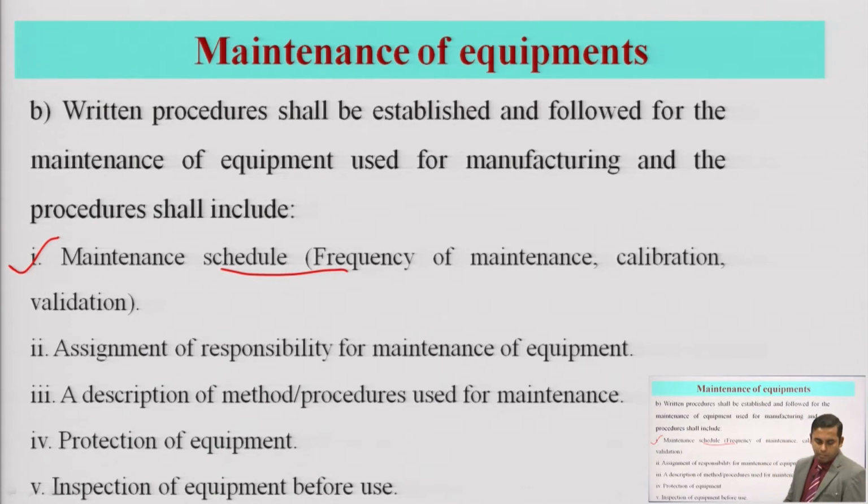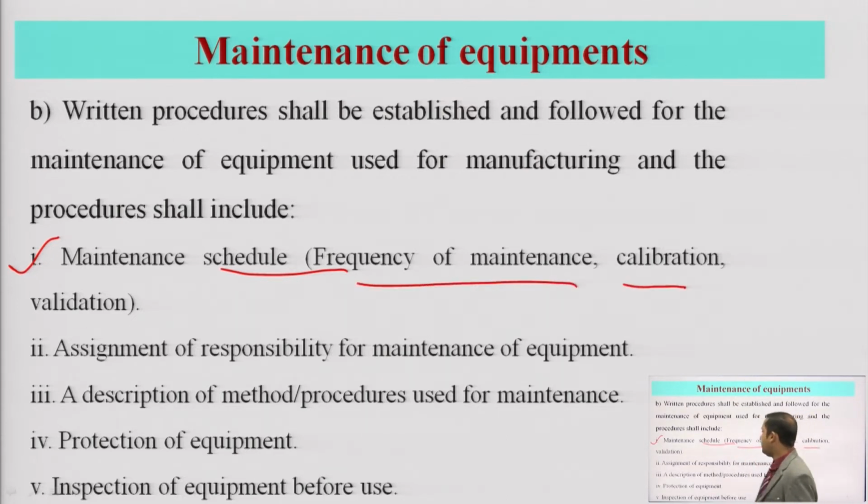If you are producing some batch and, due to malfunction, your production gets hampered and the entire production activity stops, obviously no production will happen. That is why in industry we do scheduled maintenance. So, maintenance schedule, frequency of maintenance, calibration and validation happen in a periodical way, so that our entire process should not be hampered.